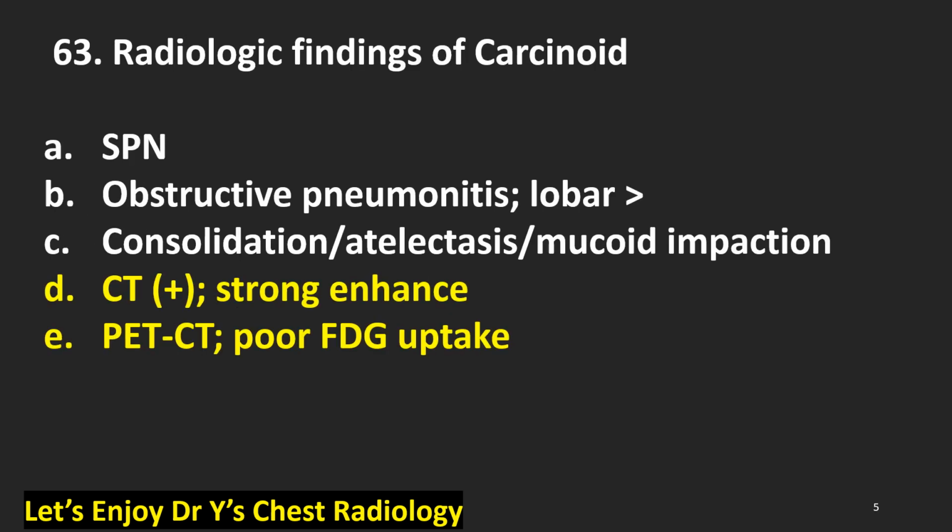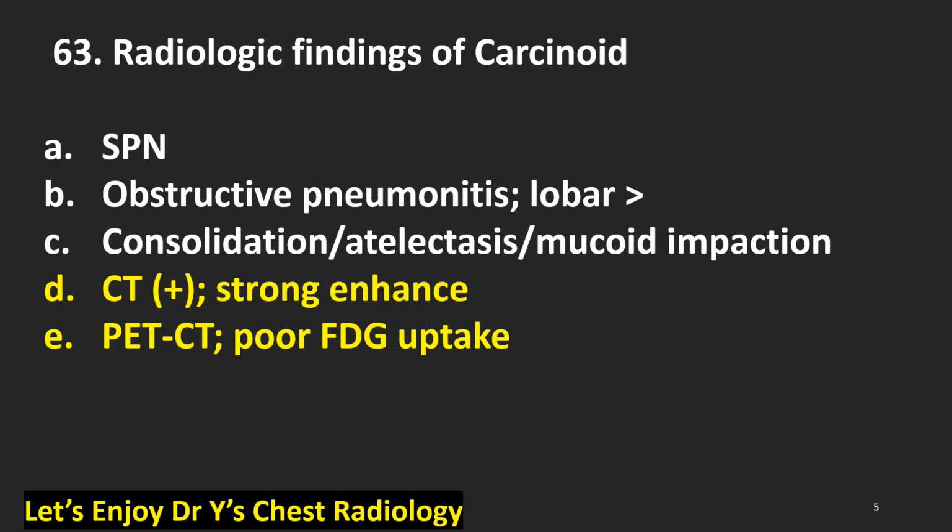Radiologic findings of pulmonary carcinoid tumors. The first one is SPN, solitary pulmonary nodule, and second, obstructive pneumonitis. They are apt to be in a lobar location, so the features can be consolidation, atelectasis, and mucoid impaction.